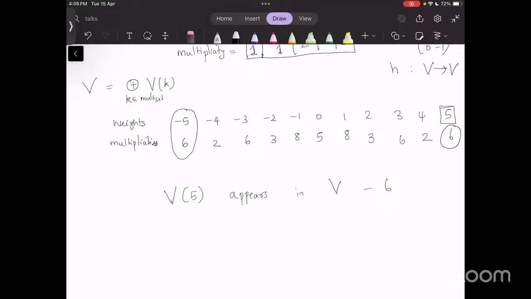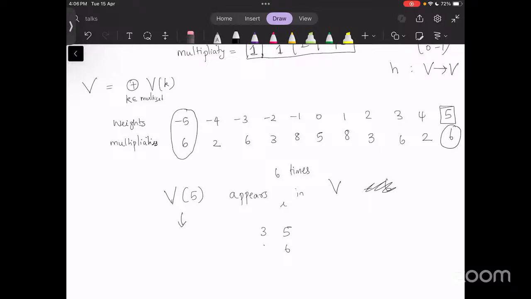In V5 the eigenvalue 5 appears once, but when V5 appears 6 times in V, the multiplicity of the eigenvalue 5 contributed by V5 is 6.